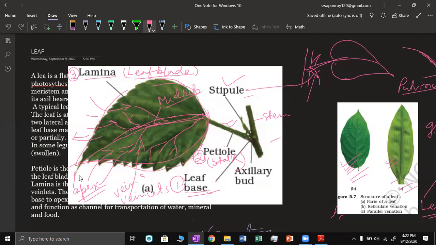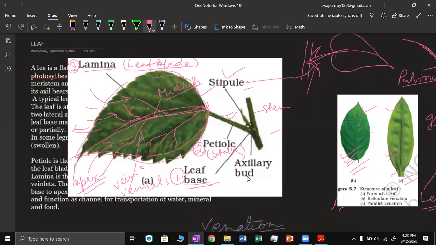So if any leaf has only one lamina, then the leaf is simple. So this one is a simple leaf. This is also a leaf showing the reticulate and parallel venation. These two are also simple leaves because they have only one lamina.